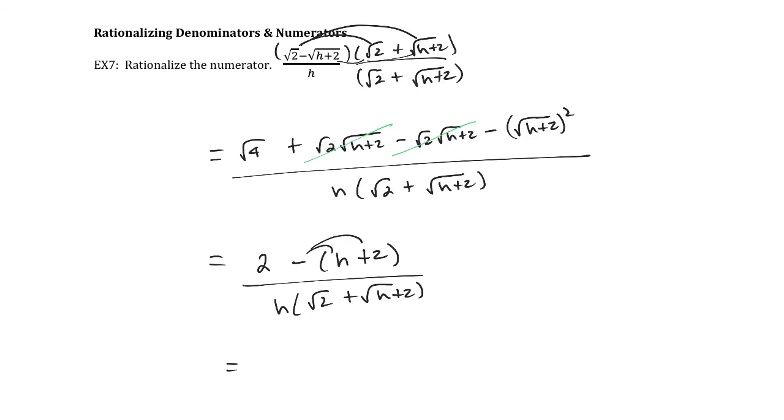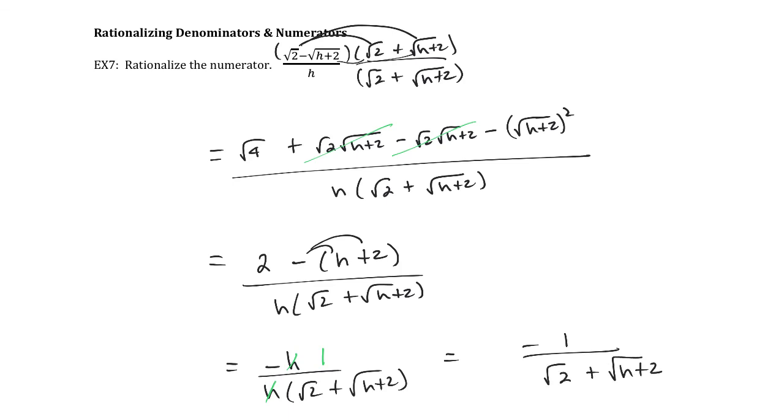So we've got the 2's are going to cancel out, and you've got negative h over h times square root of 2 plus square root of h plus 2. Anything divided by itself is 1. So my final answer is negative 1 over square root of 2 plus square root of h plus 2. And that's rationalizing the numerator.